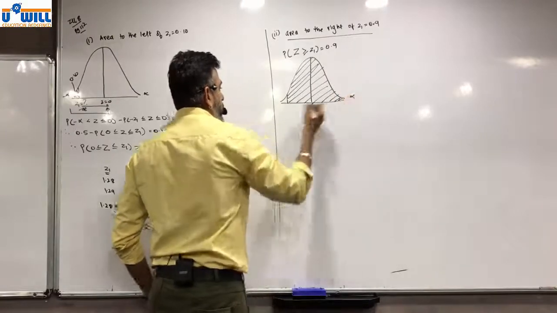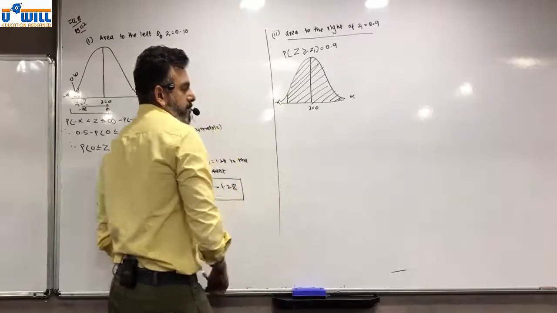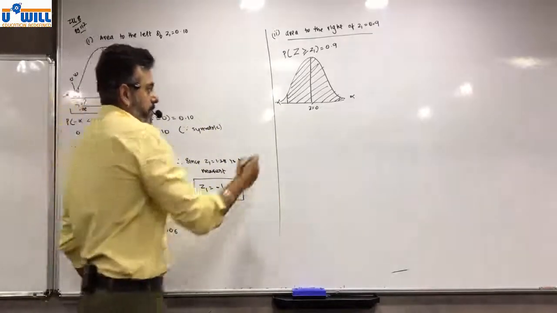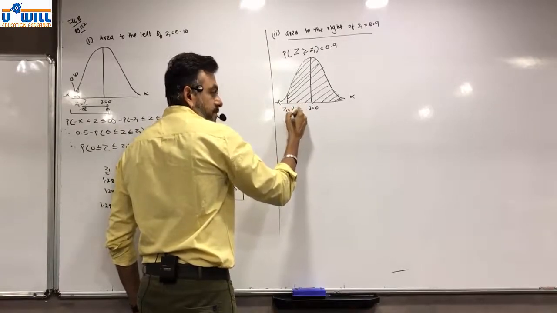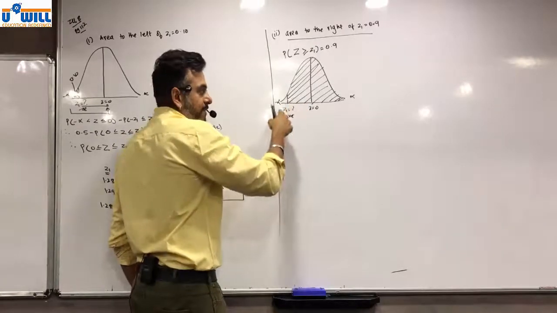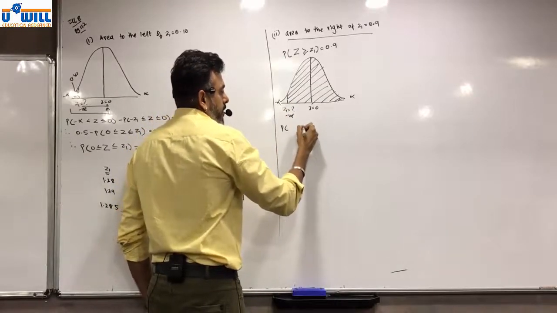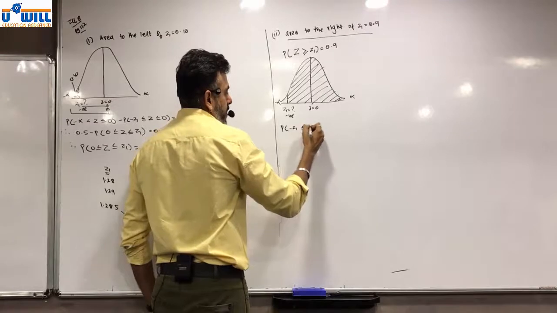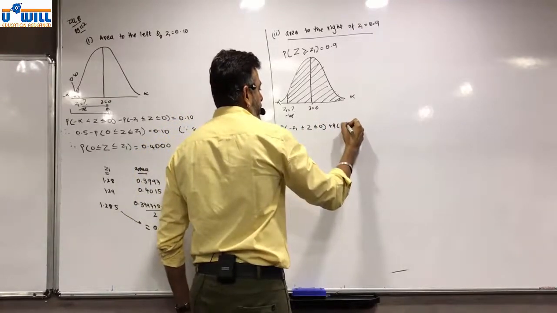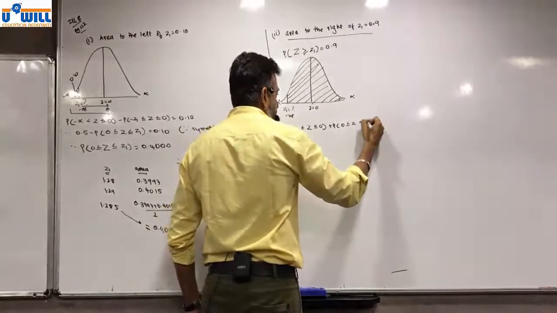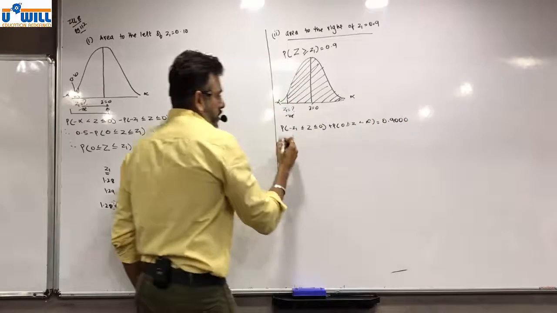Infinity, minus infinity. Z1. Again Z1 will be negative because it's on the left hand side. Let's make the equation: probability of Z greater than equal to minus Z1, less than equal to 0, plus probability of Z greater than equal to 0, less than infinity is equal to 0.9000.